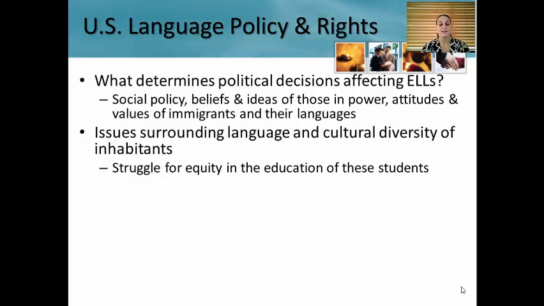The other thing to keep in mind is that the Founding Fathers never designated an official language, and no amendment has ever been made to change that. Okay, so I'm not sure if you knew, but English is not the official language of the United States. There actually is no official language.